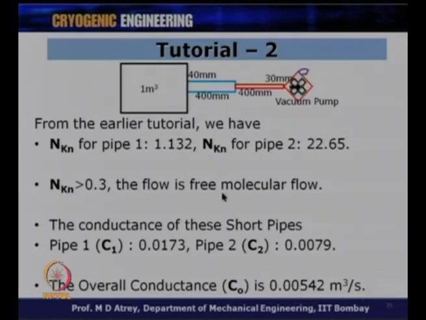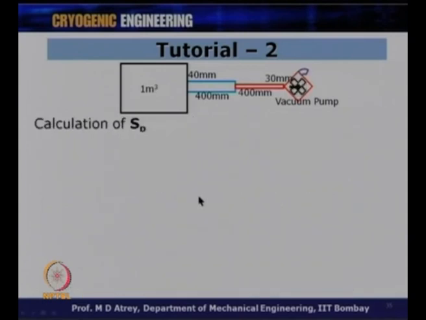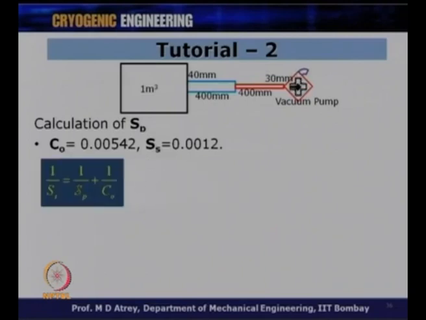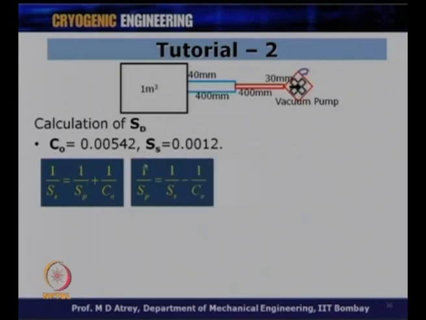So, if I were to connect all these parameters together, I get a relationship for calculating my SP. What is required is to know my overall conductance and my system pumping speed. I know both these parameters, and therefore I have the expression 1 upon SS is equal to 1 upon SP plus 1 upon C0, and from there I get 1 upon SP is equal to 1 upon SS minus 1 upon C0.